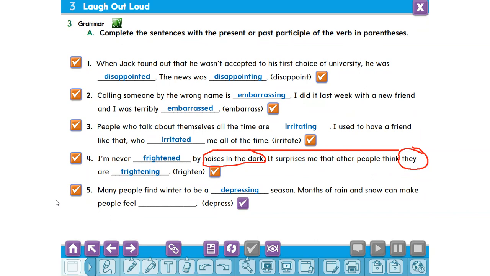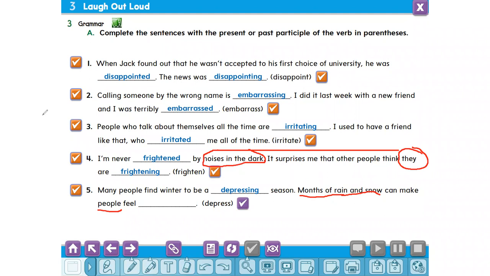Are you going to describe months of rain or people?